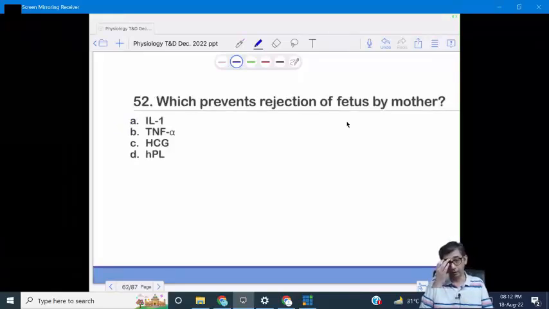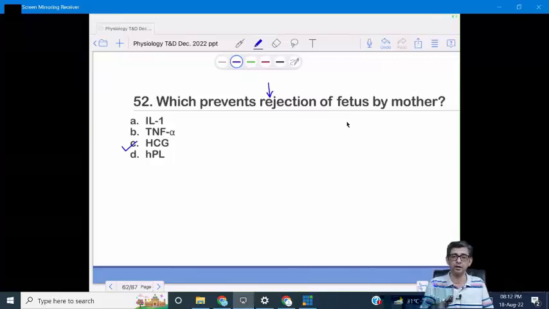Coming to 52, which of the following prevents rejection of the fetus by the mother? You see, the fetus is like a foreign body and it can get rejected also, but the physiology has ensured that it doesn't happen. So if I say hormone related to pregnancy, the answer will become obvious. HCG, human chorionic gonadotropin, also prevents the mother's immune system from attacking the fetus.